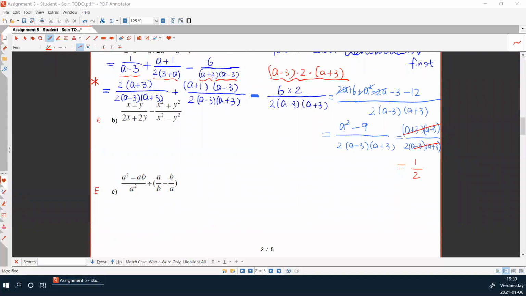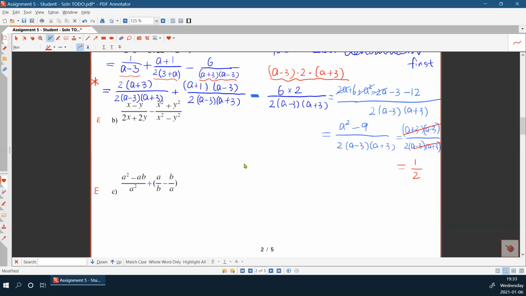Let's see. How did a squared minus 9 become that? I'll show you how it works. A squared minus 9 is a squared minus 3 squared, right? Do you know this formula?